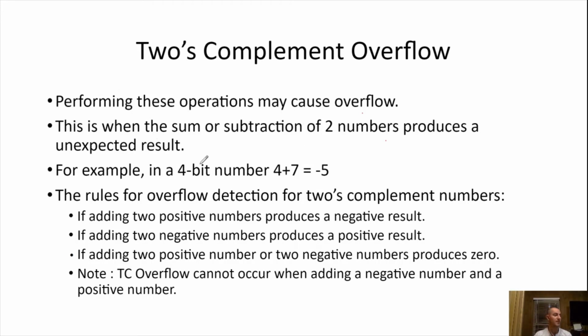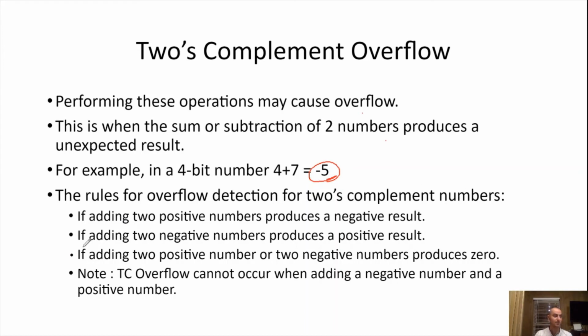So if we have, for example, 4 and 7, and there are 4 bits, let's say you add them and you get minus 5. So this is questionable, right? We have two positive numbers and we're adding them, and we're getting a negative number. So this is overflow. If we add two positive numbers and get a negative, that's overflow.